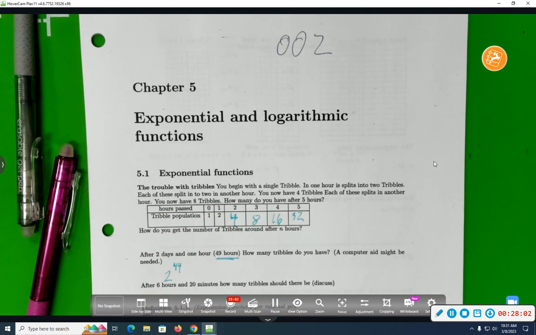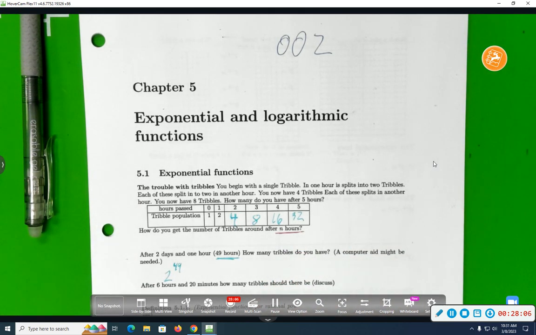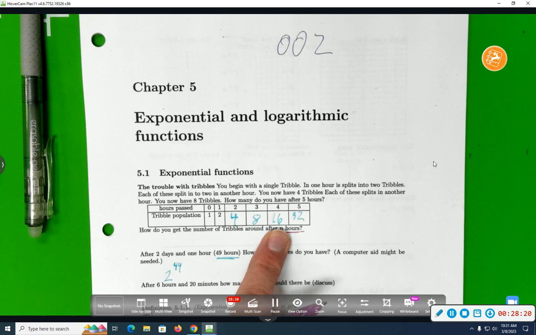Let's introduce some notation. After n hours, the number of tribbles you have: at time equals 1, you had 2 of them. To get that at 2 hours, you have 2 times 2, then 2 times 2 times 2. Just 2 multiplied by itself the right number of times.